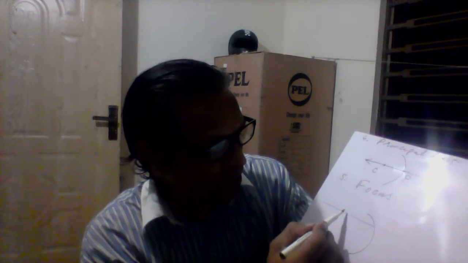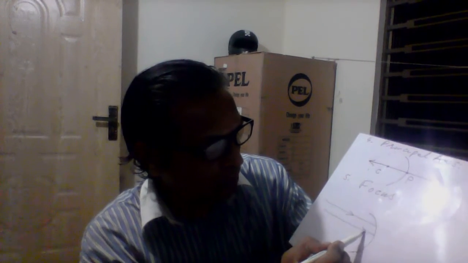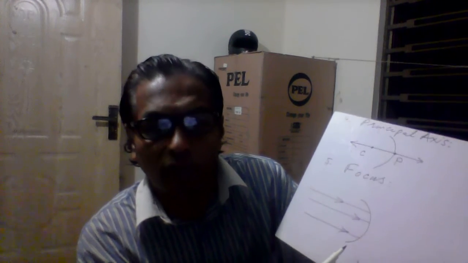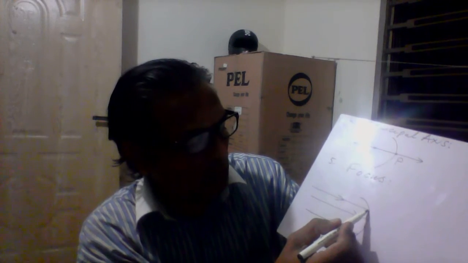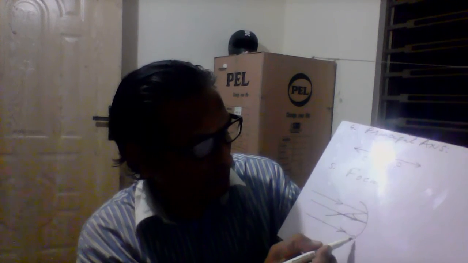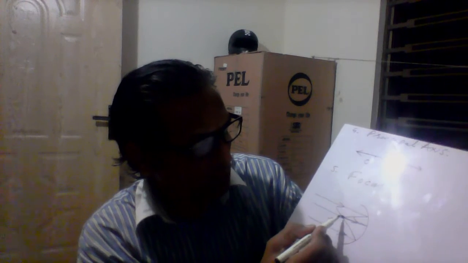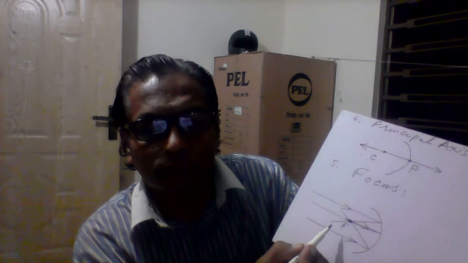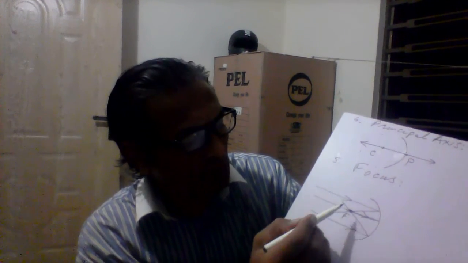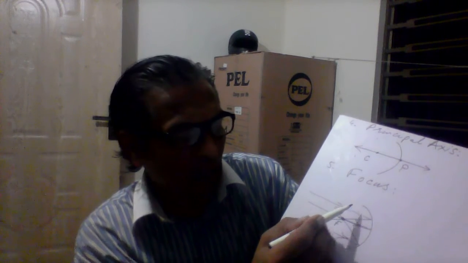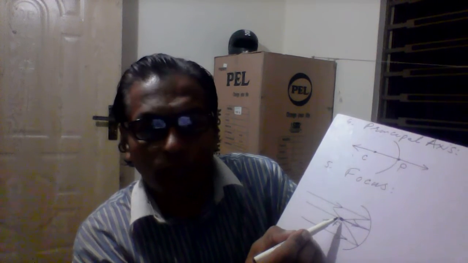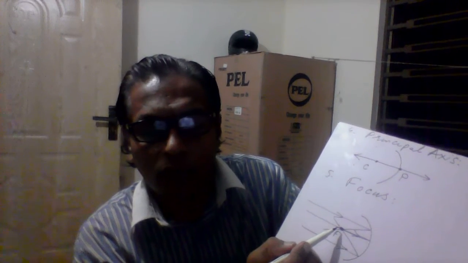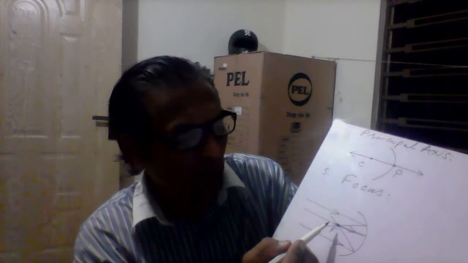All the light rays which fall on this concave mirror converge at a point. This point is known as principal focus. And as this principal focus F is in front of this concave mirror, therefore it is real focus or real principal focus.